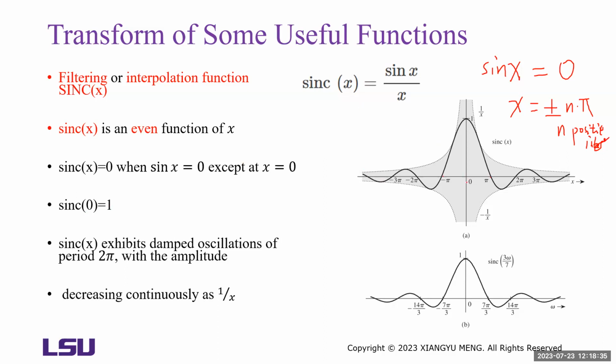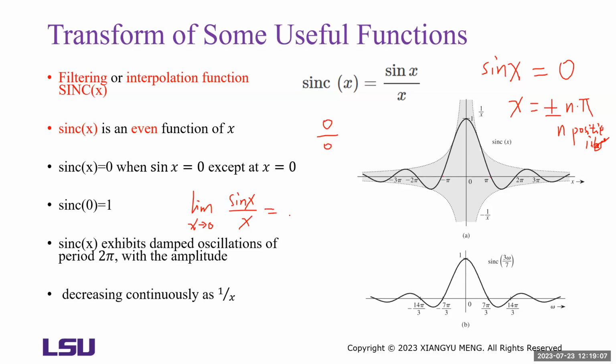The function value when x is 0 is 1. We can use L'Hopital's rule to calculate the value when x is 0. If I take the limit as x approaches 0, we have the case of 0 over 0.